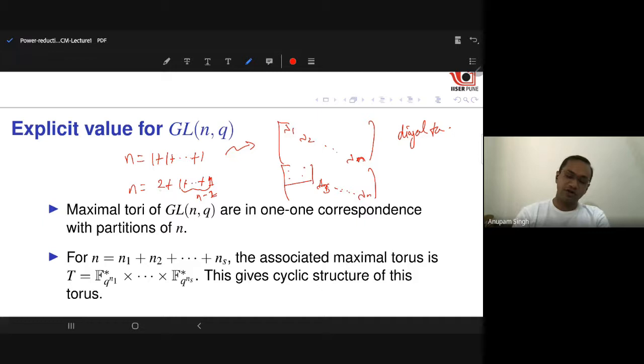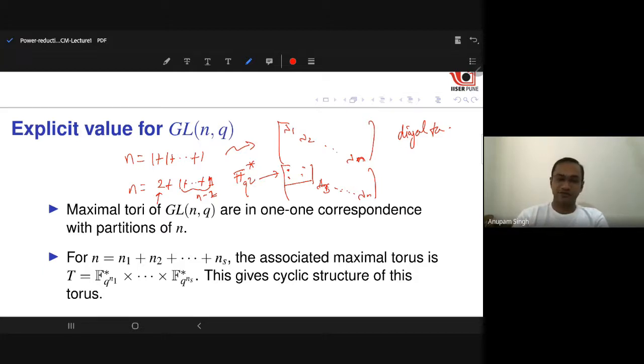It will correspond to an irreducible polynomial of degree 2. So this is an anisotropic maximal torus in GL2, which we saw earlier. This will correspond to FQ square star. You can take a regular semisimple element, take a degree 2 irreducible polynomial, look at its companion matrix and look at all polynomials in that.